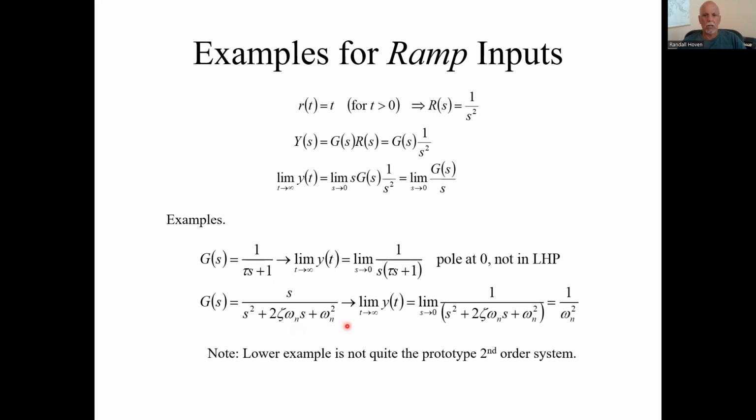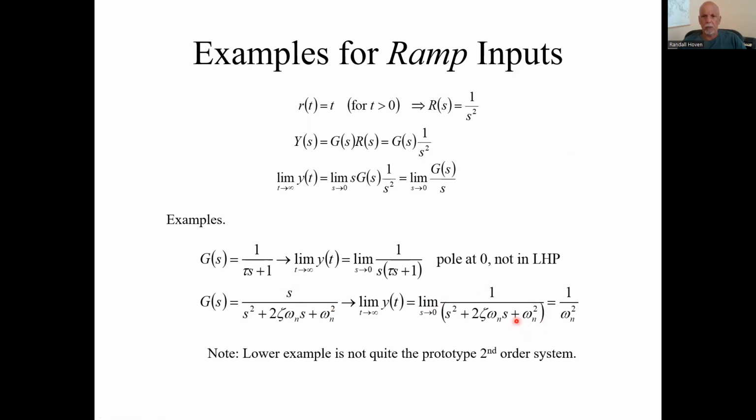What about the second order prototype? Oh, this isn't the second order prototype. It has an s in the numerator instead of ωn². For the limit of the output of this system, E divided by s, those s's will cancel and you just have this.